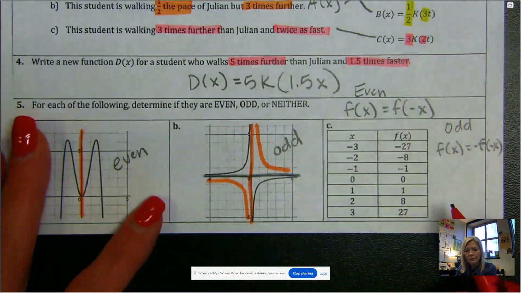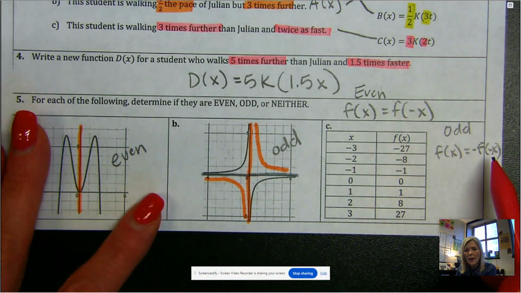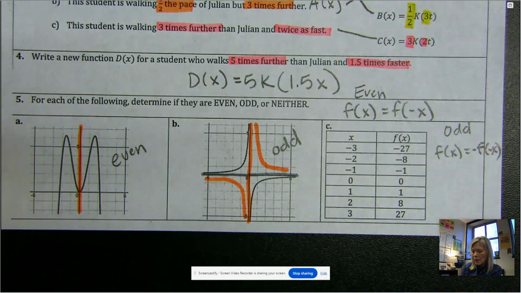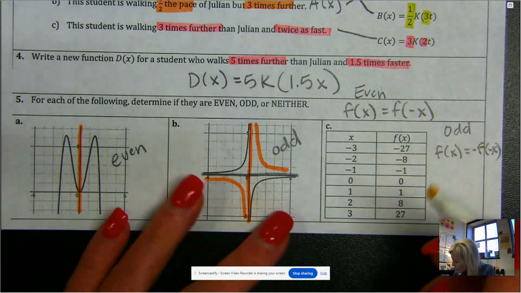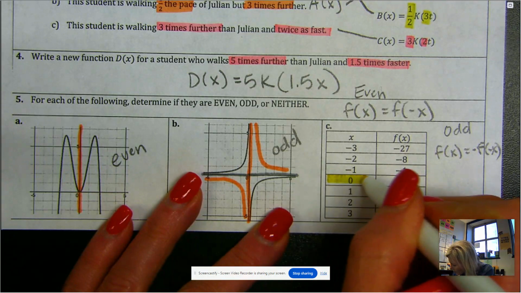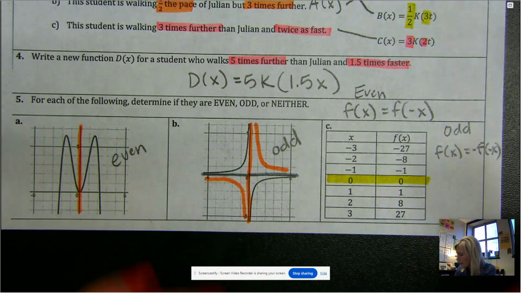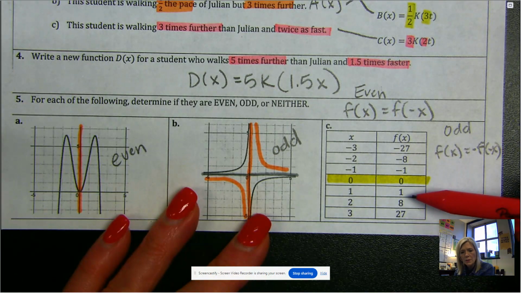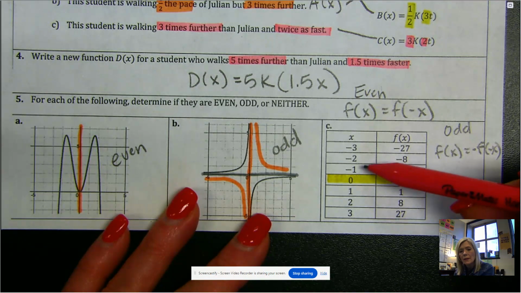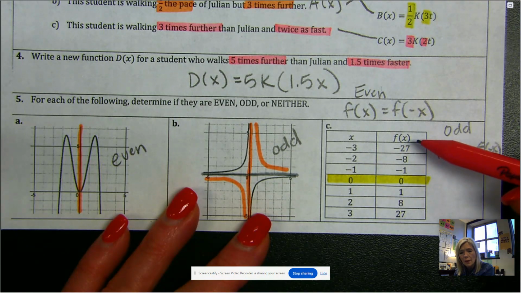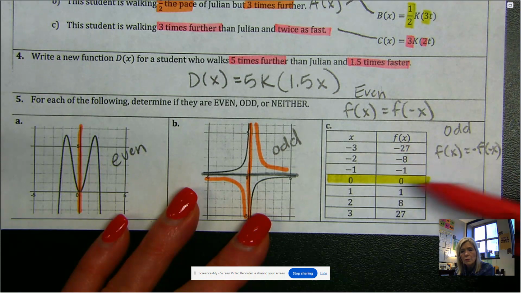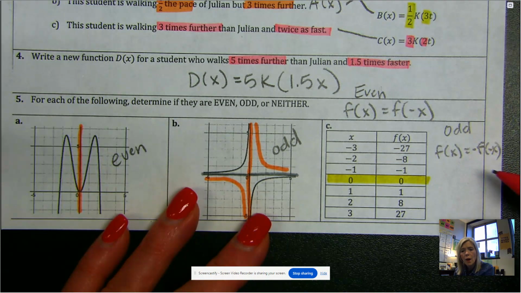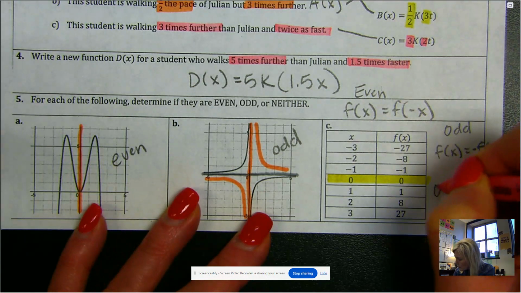And so opposite inputs have opposite outputs. And so if we look at, well, here's 0, 0. And then I notice positive numbers, 1, 2, 3, have positive outputs, 1, 8, 27. And then the corresponding negative numbers have negative outputs. So this table follows this rule where opposite inputs have opposite outputs. So this one is odd.